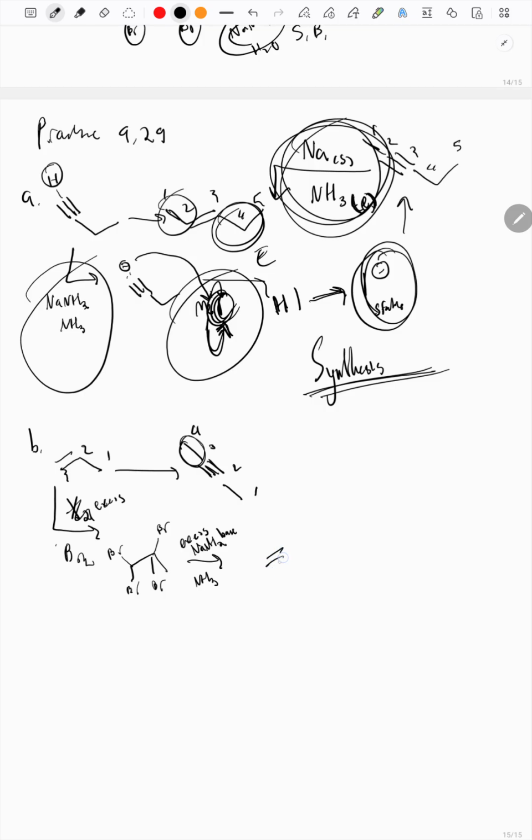We get that. And here is a terminal alkyne. What can we do with that? We could also do again NaNH2 strong base and ammonia solution solvent. And what do we get? We get that. And now finally we could use MeI. Why? Because we could just add on and do things there. That's our solution.